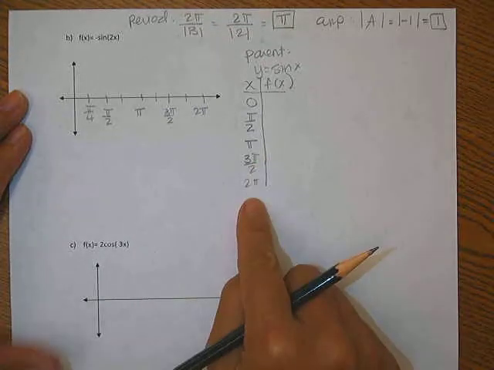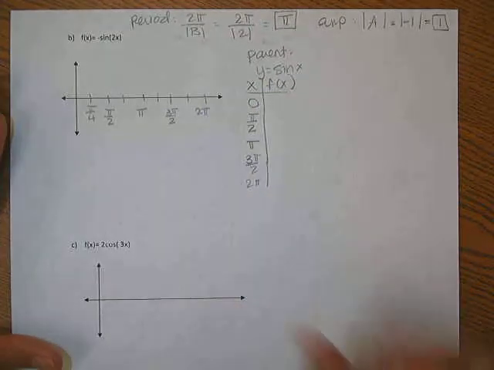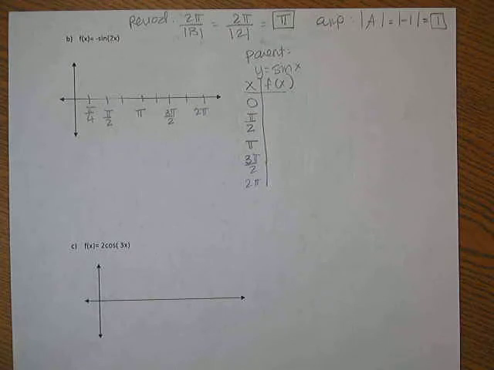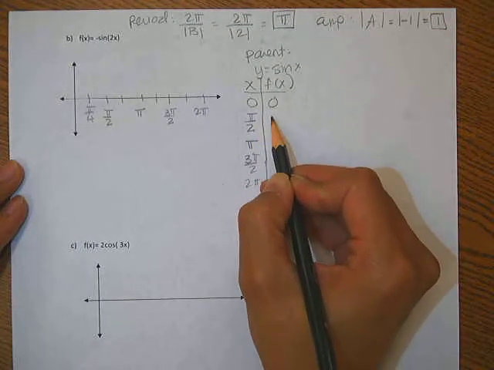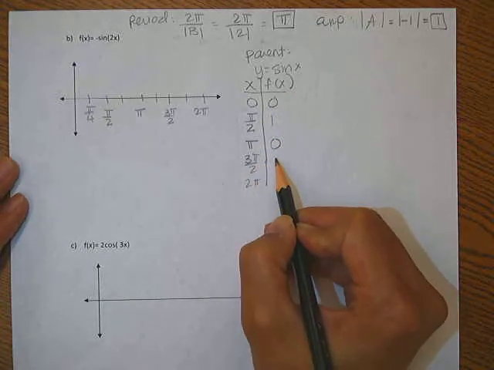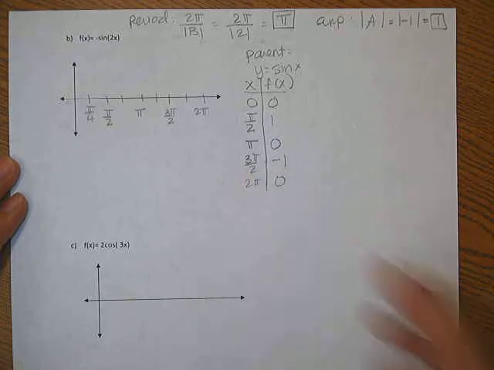For the parent functions, even sine or cosine, these 5 inputs don't change. The outputs will change depending on if it's sine or cosine. Sine of 0 is 0. Sine of pi over 2 is 1. Sine of pi is 0. Sine of 3 pi over 2 is negative 1, and sine of 2 pi is 0.